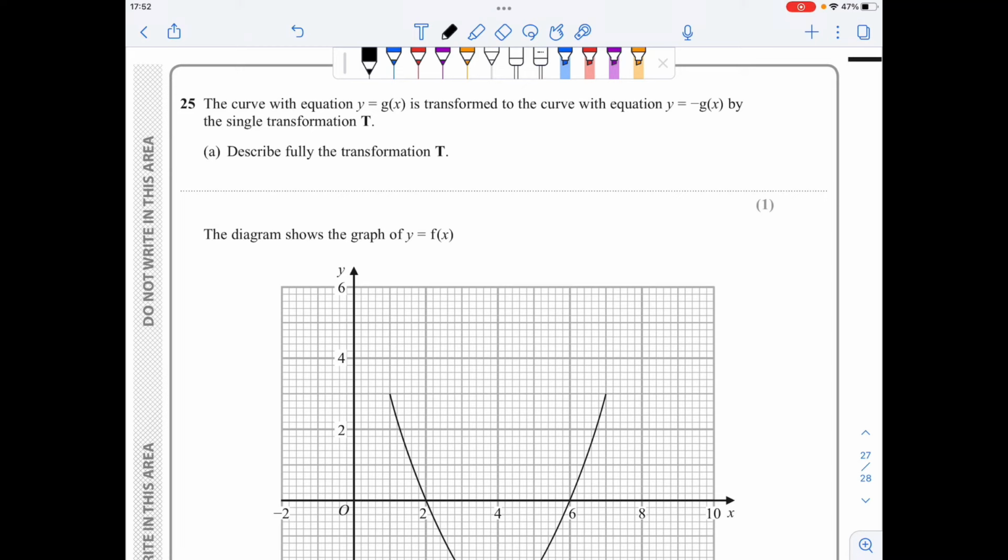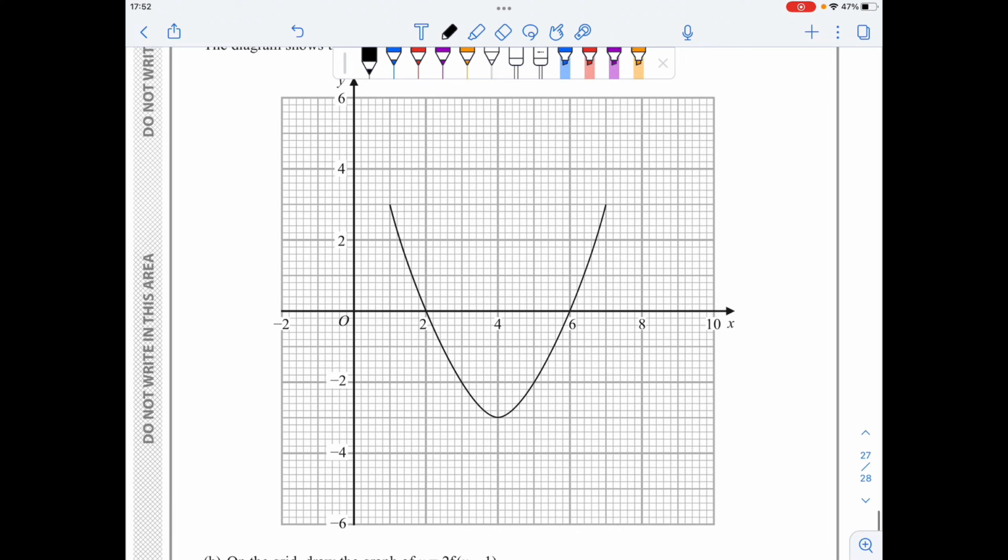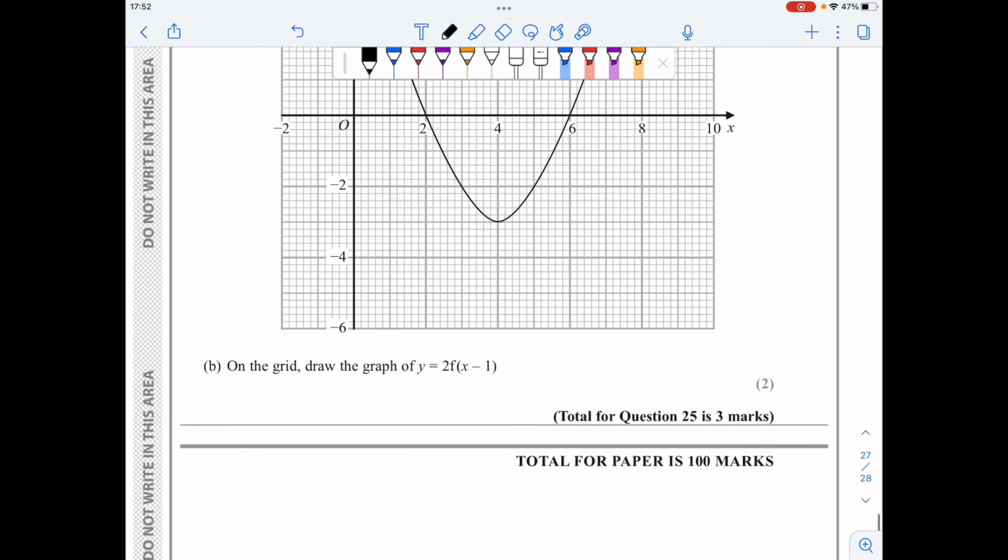In question 25, g of x is transformed to minus g of x by a single transformation, and this transformation is reflection in the x-axis. For part B, I've got this graph of f of x, and I need to draw the graph of 2f of x minus 1.